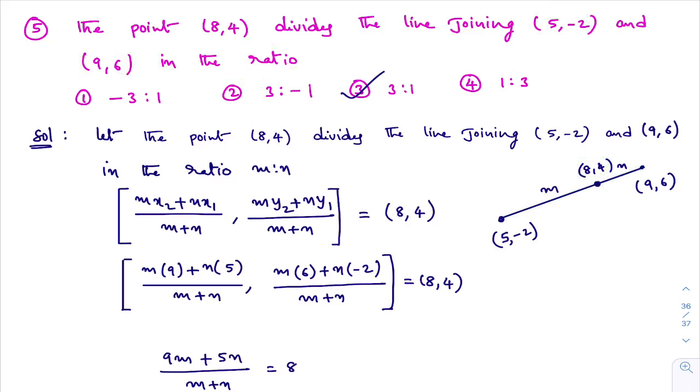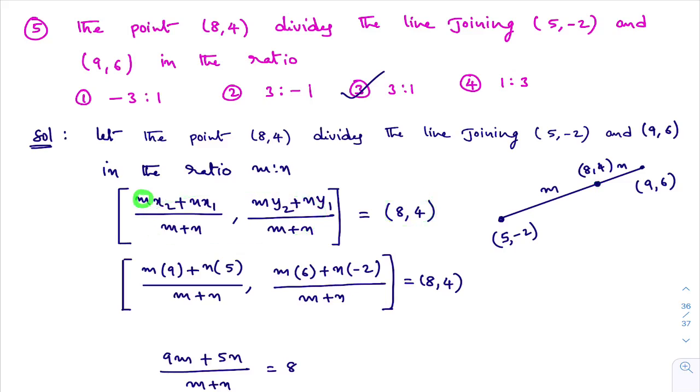What I have taken here is that the point (8, 4) divides the line joining these 2 points in the ratio m is to n. Now I want to calculate m is to n. I know the section formula: ((mx2 + nx1)/(m + n), (my2 + ny1)/(m + n)) equal to, here, the point (8, 4).